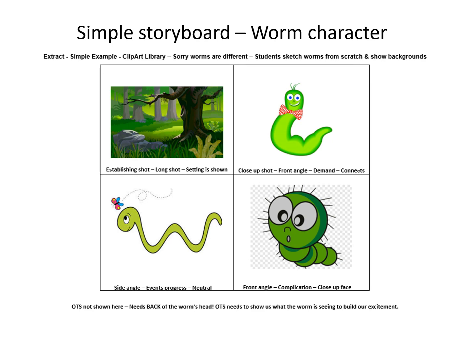So we get to meet the main character worm. And then we are up high and we are over the shoulder and we're watching the worm as it moves away. And then the next one, we have a side angle, which is sort of neutral, and we only see one eye of the worm.